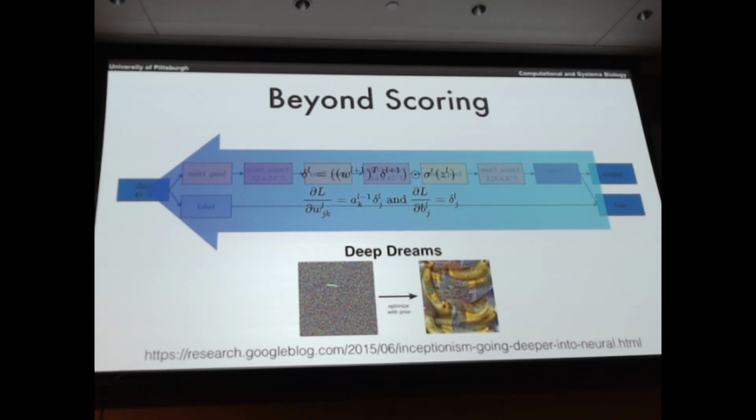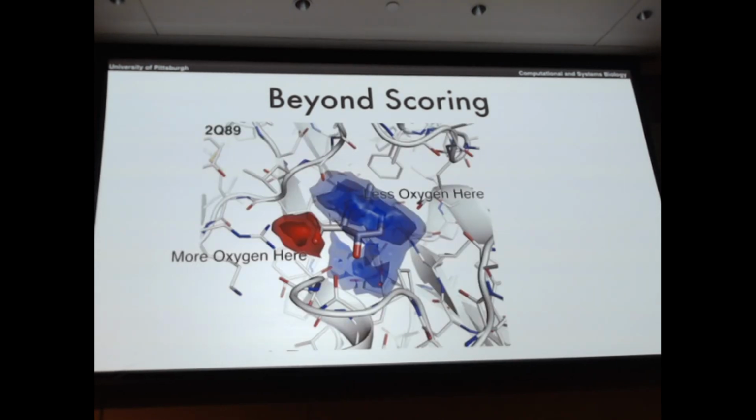And so they maximize this to generate things the network thinks look like a banana, and you get this. And most of you can see banana-ishness here, right? But I think all of us recognize this is not a picture of a banana, right? And that's the issue. When we do this for our domain, we get stuff like this, which kind of makes sense. There's more oxygen here, salt bridge, great, that's good, right?